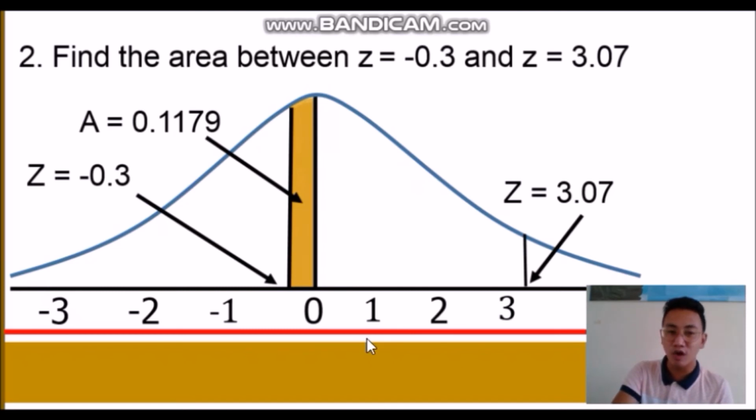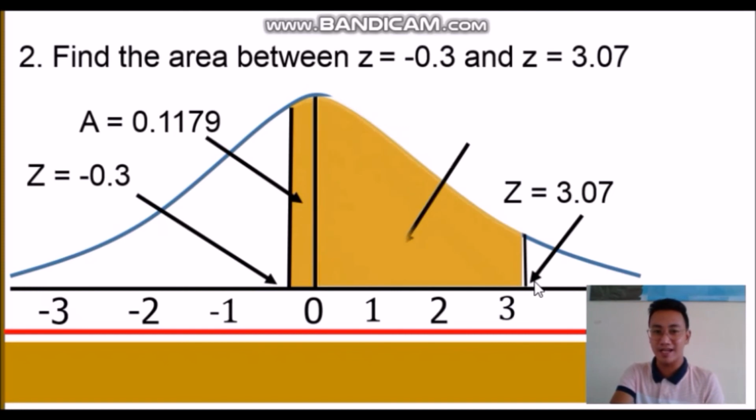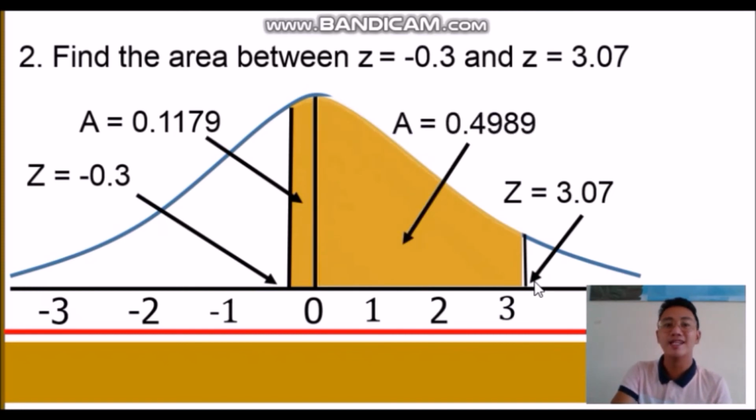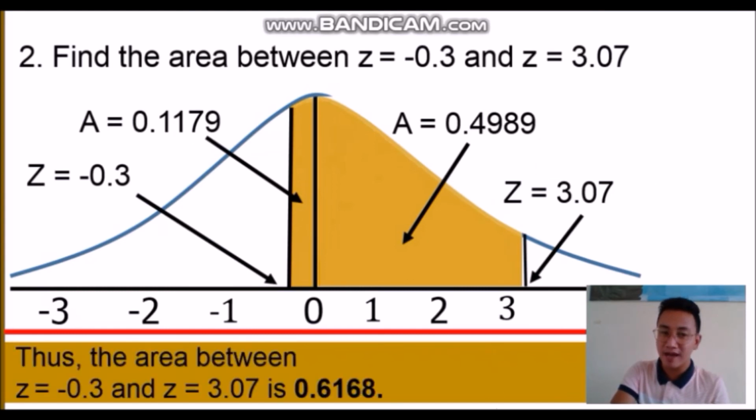And we all know that from 0 to 3.07, its area is 0.4989. And for us to find the area between negative 0.3 and 3.07, we're going to add these areas. 0.1179 plus 0.4989. Therefore, we have the area equivalent to 0.6168. We just added it.